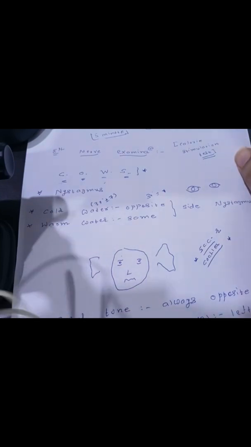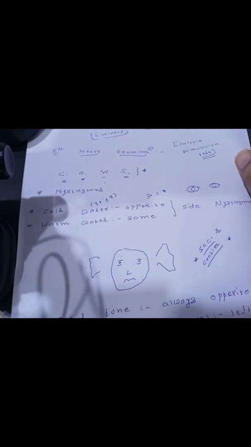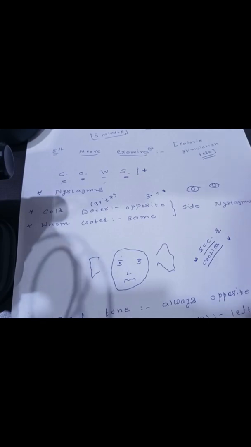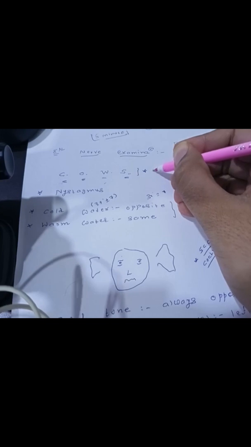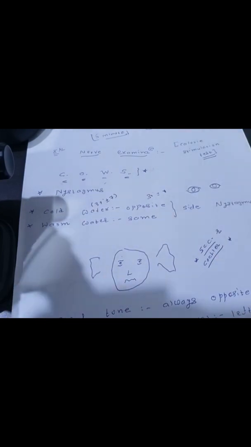Today I am presenting one beautiful concept which I got answered after reading multiple books. We all have read one mnemonic, COWS, which is used when we do vestibular nerve examinations in patients.